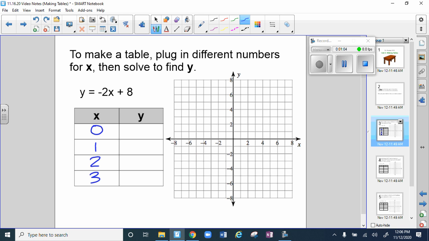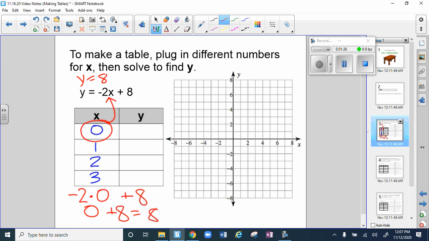So all I'm doing is I'm taking my value of x and plugging it into my equation. So I know that -2 times 0, and then I'm going to add 8. So -2 times 0 gives me 0, plus 8 equals 8. So that means that y is equal to 8 when x is 0.